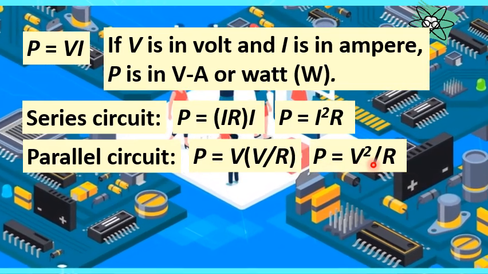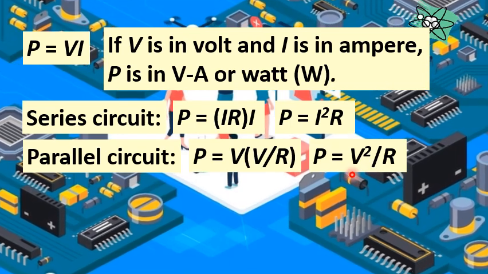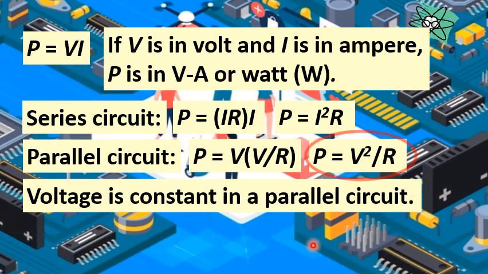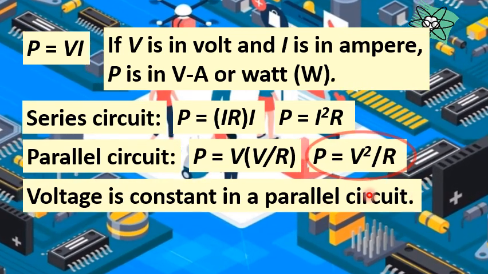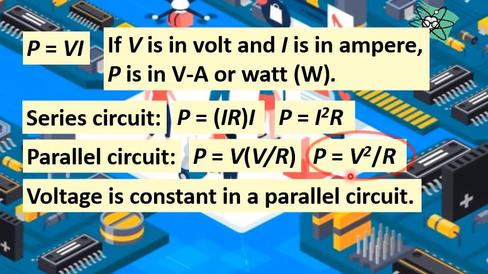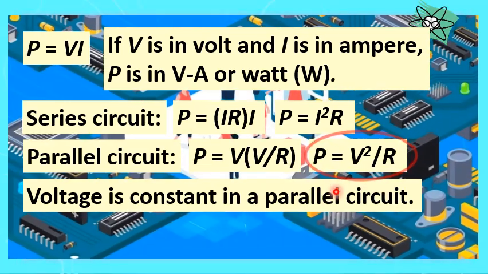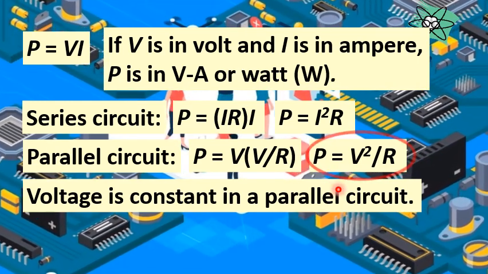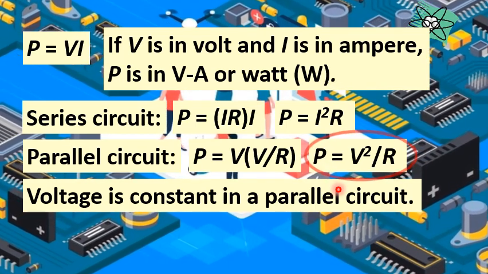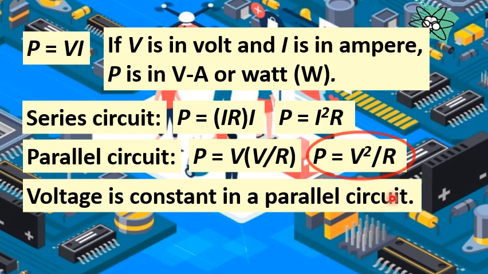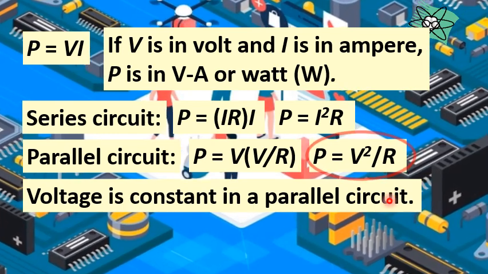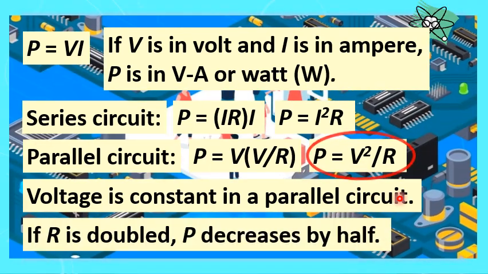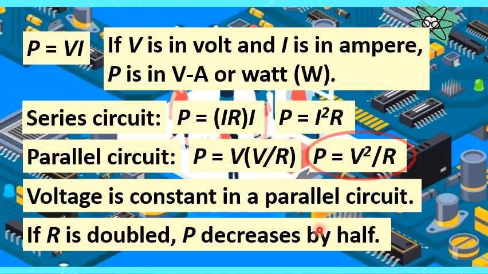That is for a parallel circuit, P is equal to V squared over R. And again, if V is constant, which is what is assumed in the question, if the resistance big R is doubled, with a constant voltage, then the power decreases by half of its original value.